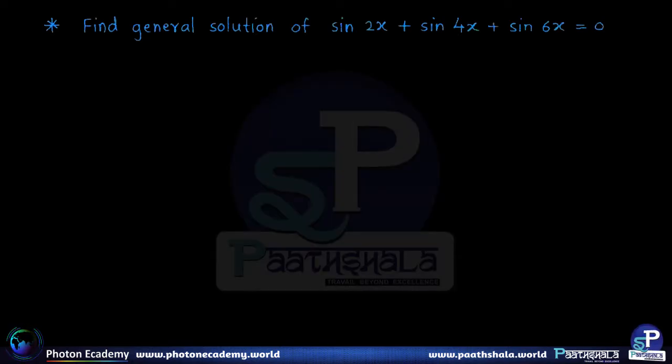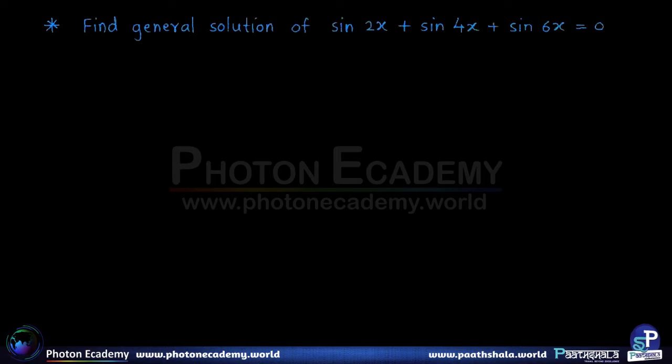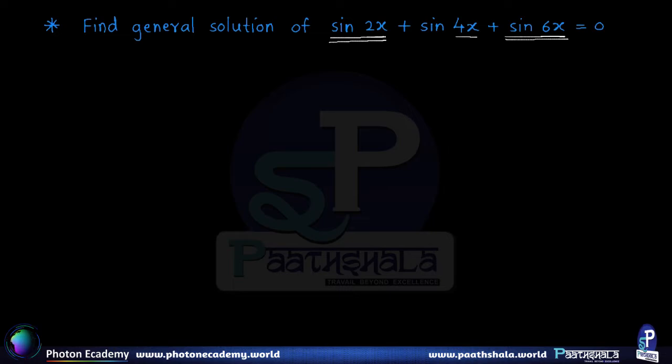Now here it's clear that somewhere we have to club two sine terms so that we can reduce the number of terms. But the question is which two terms we should combine. So if we look at the numbers, that is 2, 4 and 6, and looking at the formulae of factorization, we see that it will be easier if we club sin 2x and sin 6x, because in that one of the angle in the factorization will be 4x, so that the term sin 4x can be taken common, right?